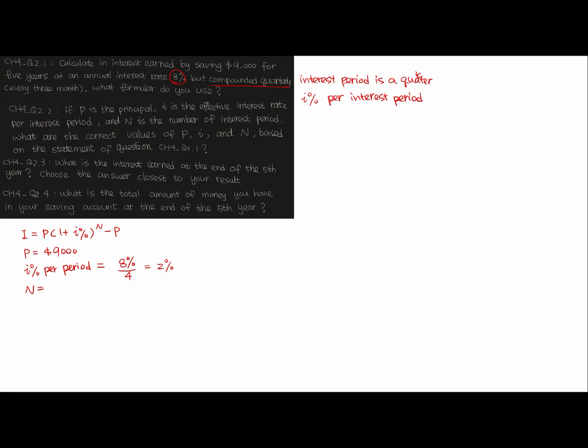It could be number of months, number of quarters, number of days, depending on what your interest period is. And here, our interest period is a quarter, okay? So your N is 5 times how many quarters a year? 4. So your N is 20.